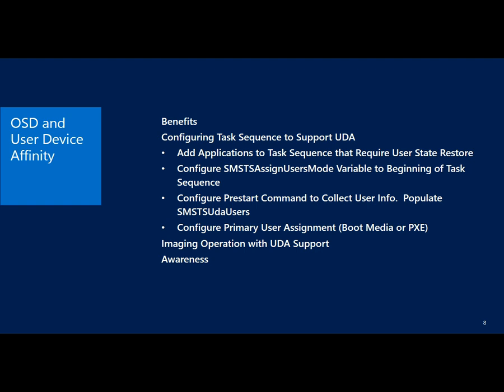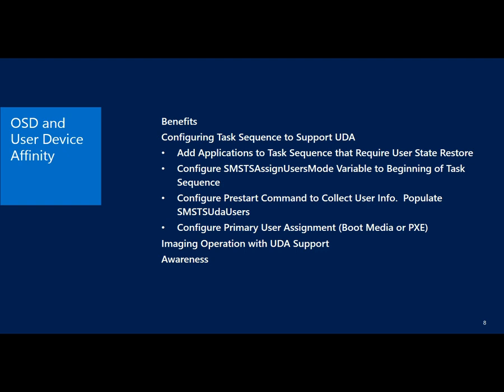What we're really trying to solve is pre-loading applications and things that are needed by the end user into a task sequence without having to configure the task sequence specifically for the individual user. Meaning we don't have to account for every single application or package or thing that the user might need. We're going to use UDA to define those.